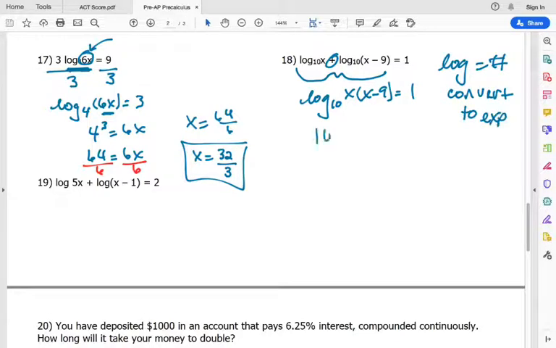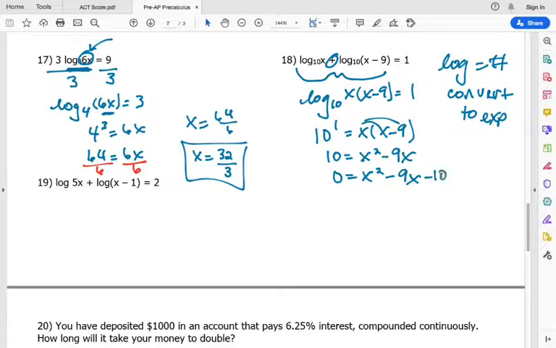So that becomes 10 to the first power equals x times (x minus 9). And then solving that, I'll get 10 equals, distribute your x, x squared minus 9x. Because I have a quadratic, I have to have it equal to 0 so I can solve it. And then we're going to factor that. So we'll factor that to be (x minus 10) times (x plus 1), and then set each factor equal to 0. So x minus 10 equals 0, which means x equals 10, or x plus 1 equals 0, which means x equals negative 1.